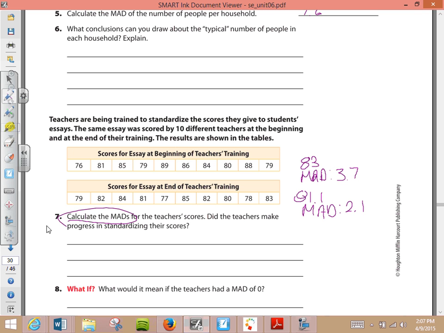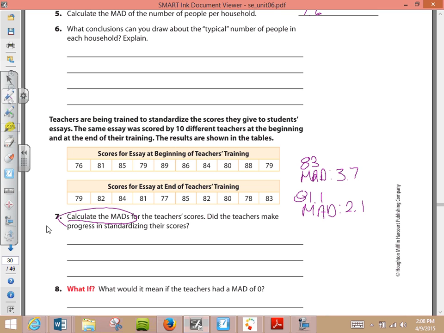And after the training, some of the scores changed and actually became a little more like each other. So what this is trying to say is, after the training, most people are rating your essay with the same kind of criteria. It has this, it has this, it has this, check. Because the MAD dropped, that means there's more agreement among the people who are scoring the essays.